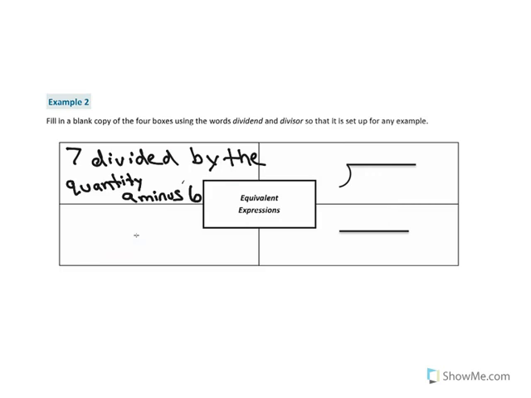Okay, our next one starts with the words 7 divided by the quantity a minus 6. And so it's best, if we're going to do that, to go to the box right below it.